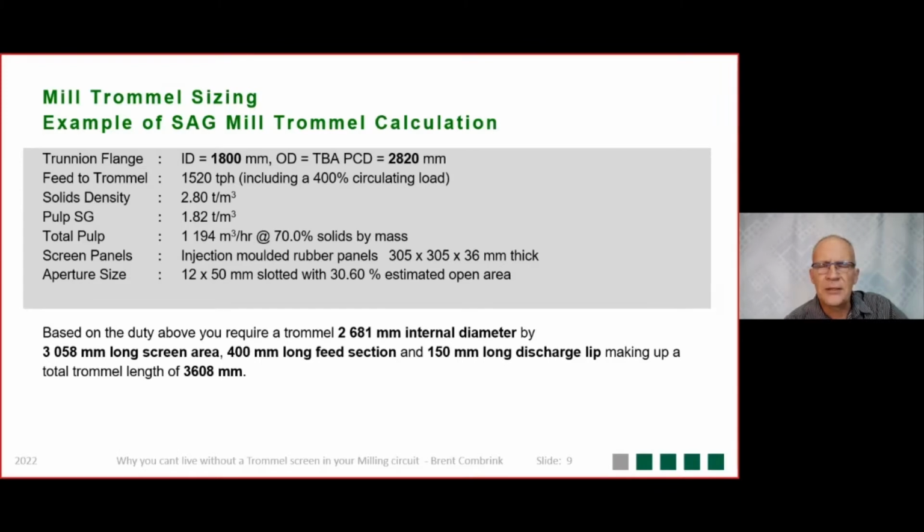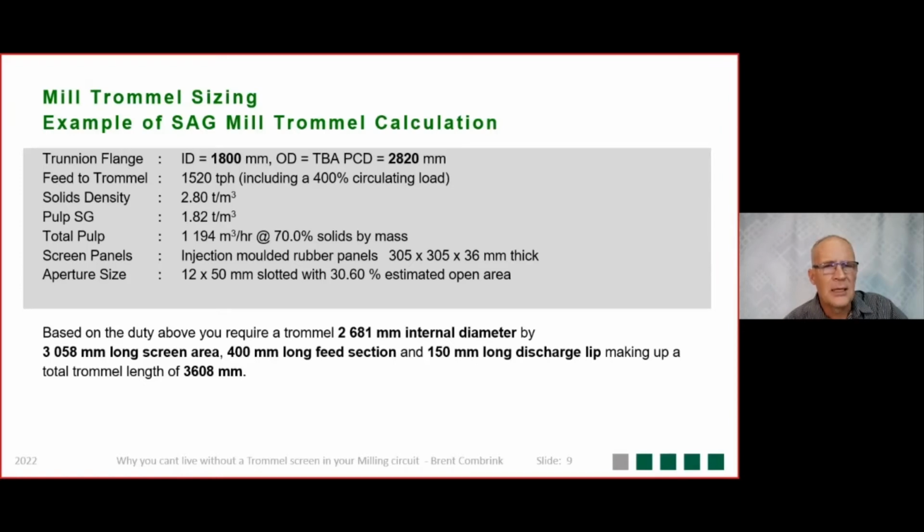This is a typical example of one of our sizing calculations. You can see the trunnion, flange, ID, OD, PCD, very important, the feed to the trommel, the tonnage, including the circulation load, the solids density, pulp SG. Then we look at the total pulp, in this case 1,194 cubic meters per hour at 70% solids, which is quite normal.